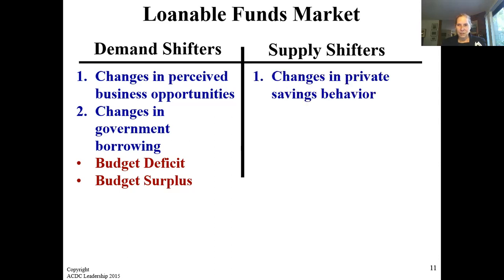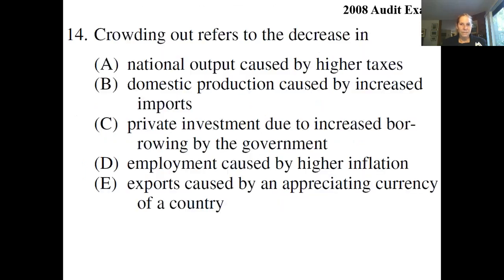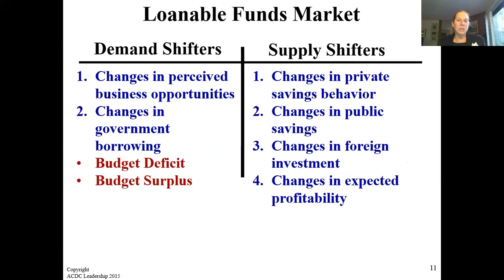And then you've got supply shifters: changes in private savings behavior, changes in public savings, changes in foreign investment, and changes in expected profitability. Let's take a photograph of this and memorize what shifts demand in the loanable funds market and what shifts supply. Remember, the suppliers are the banks, and the demanders are the consumers.